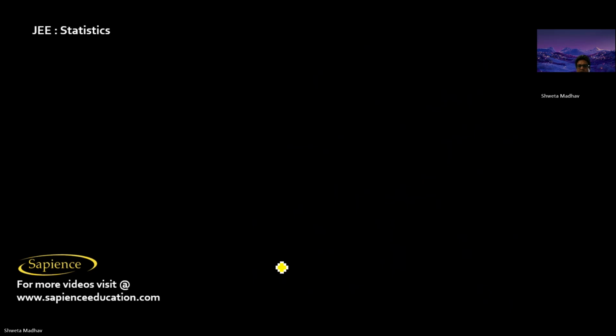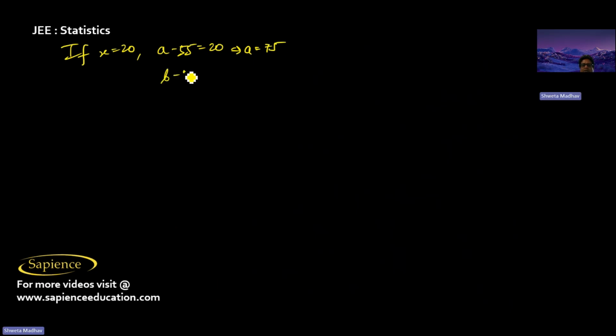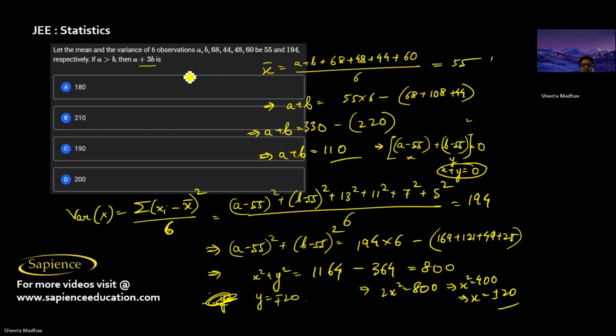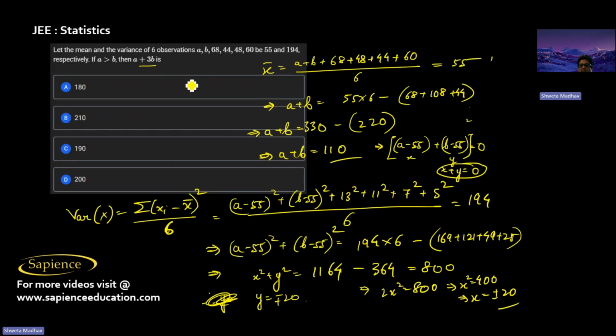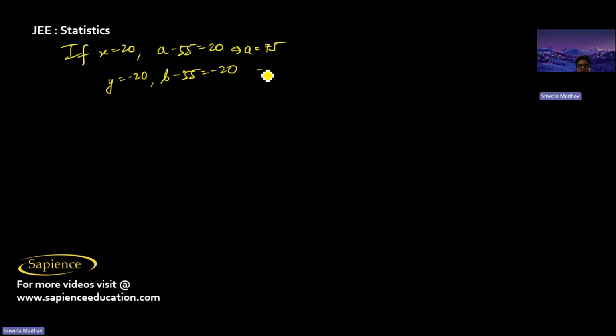Now, suppose I take x as 20, that means a minus 55 is 20, so a is 75, and b minus 55 will be minus 20, since y is minus of x. So b will come 55 minus 20, that is 35.